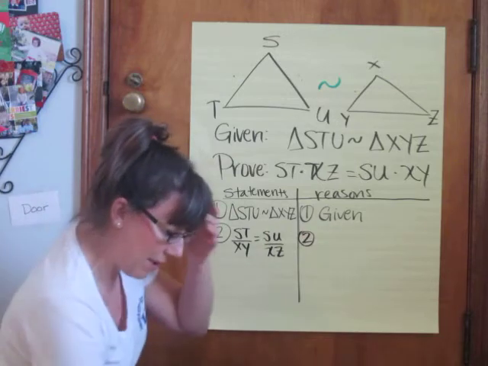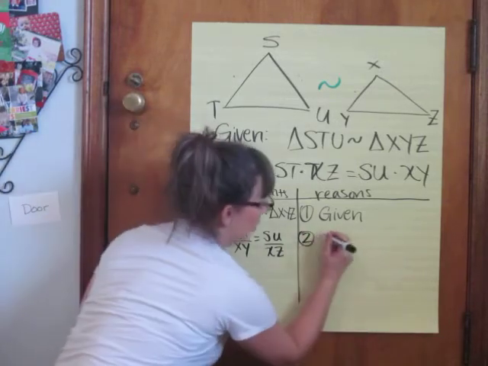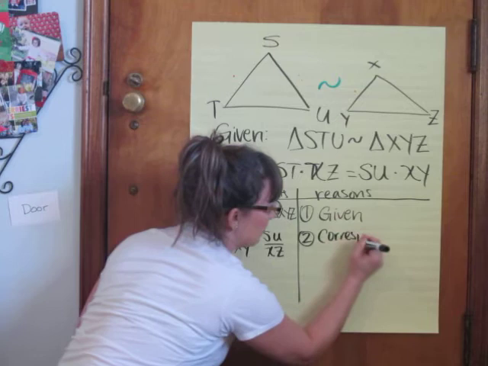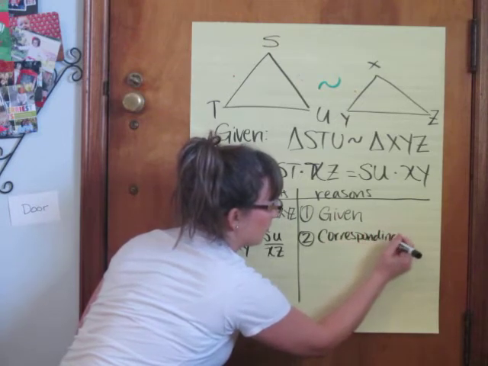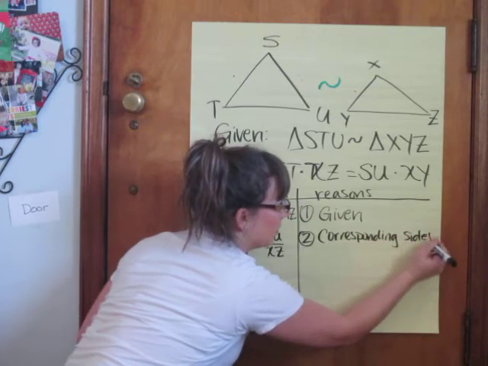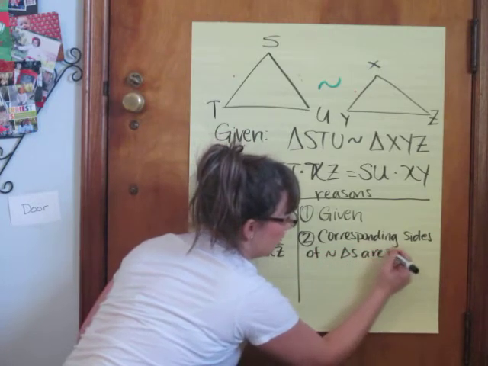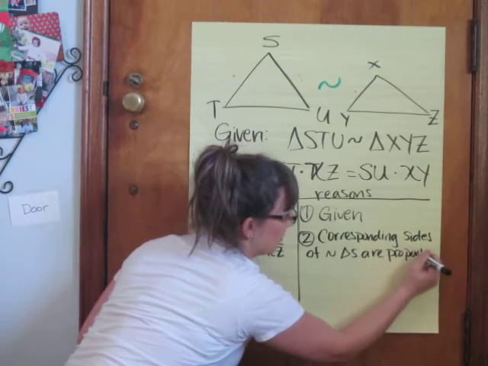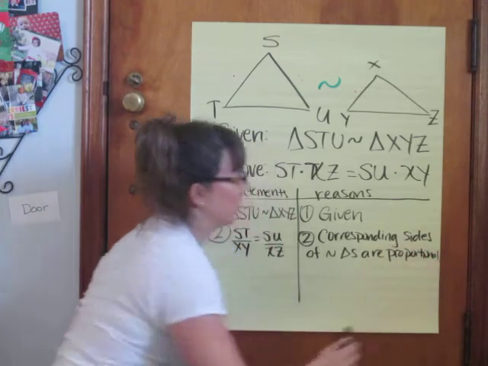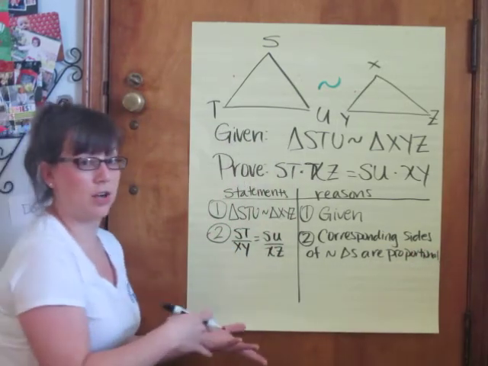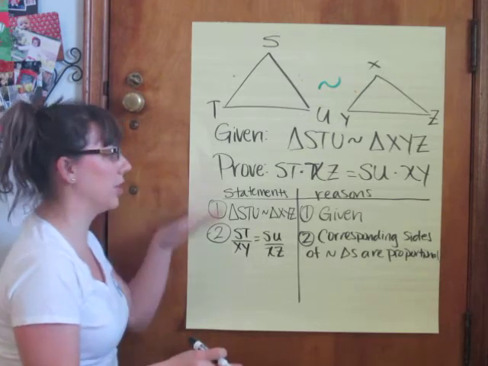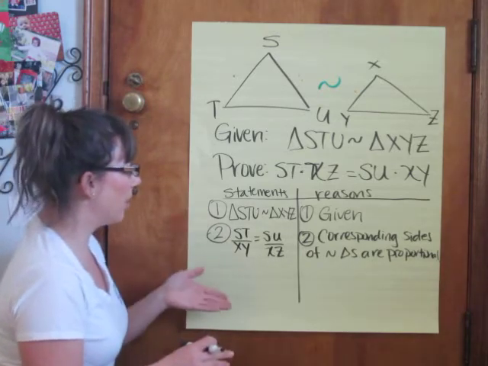Why am I allowed to say that? Because I know that corresponding sides of similar triangles are proportional. That was what we just talked about. We know that because they're similar, then the sides are proportional. That's not what I want to prove, though.